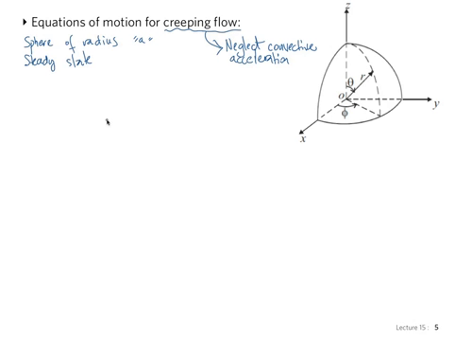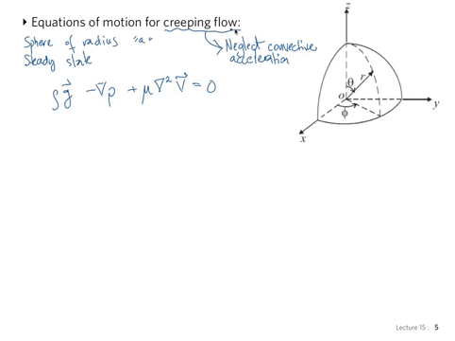And so the equation of motion in this case reduces to the weight components, the pressure components, and the viscous. And it's a linear partial differential equation because it's steady, and then we neglect the convective acceleration. All the acceleration terms are zero.